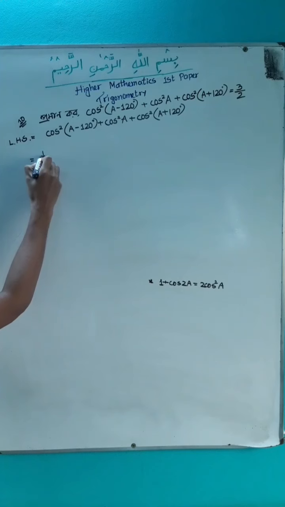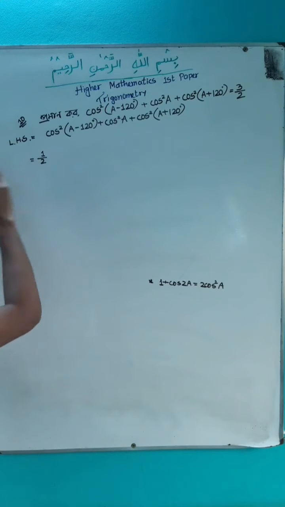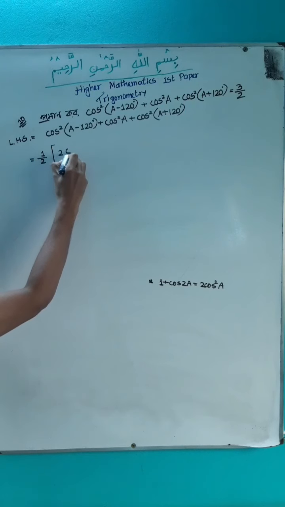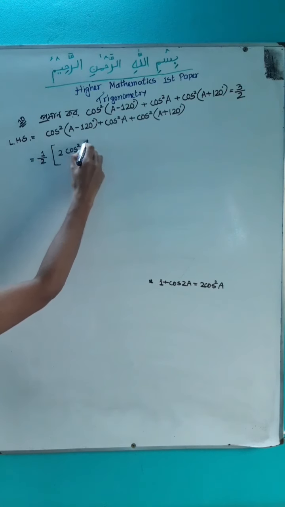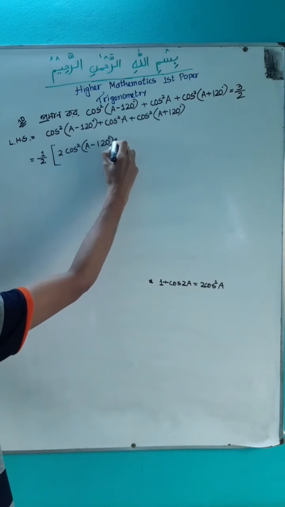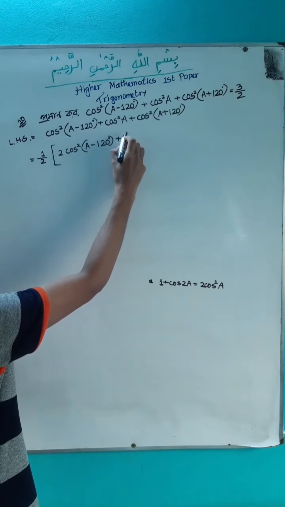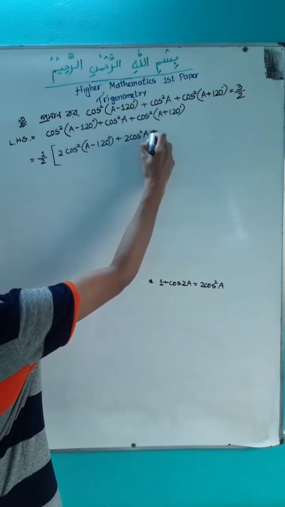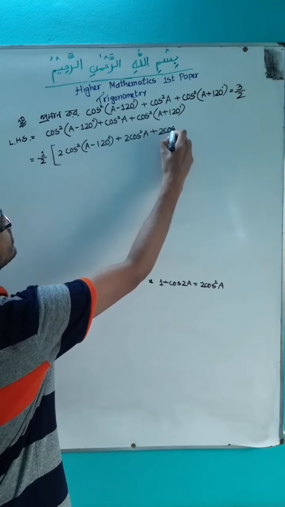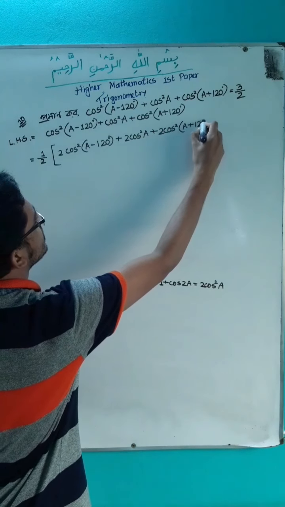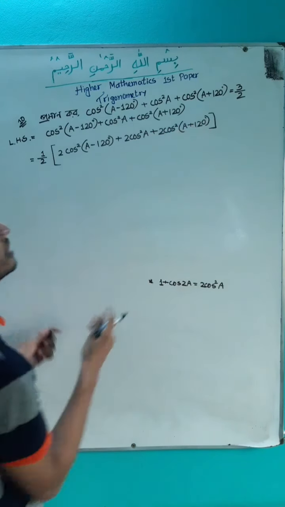You can write like this, half into, in the bracket, 2 cos square (a minus 120 degree) plus 2 cos square a plus 2 cos square (a plus 120 degree).